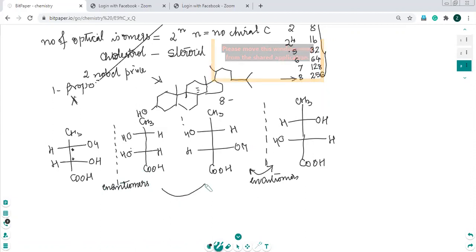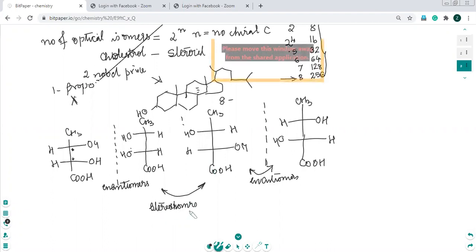What's the relationship between these two? They have the same molecular formula, same structural formula, but their orientation in space is different. Therefore you can call them stereoisomers. But they are not mirror images.